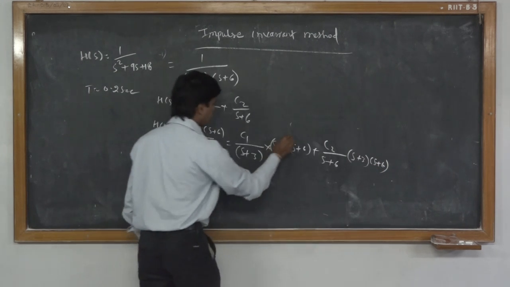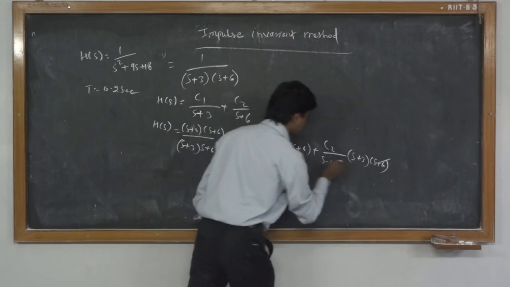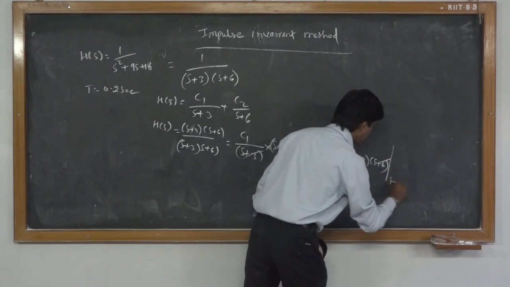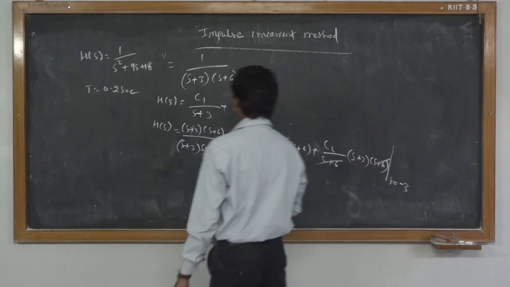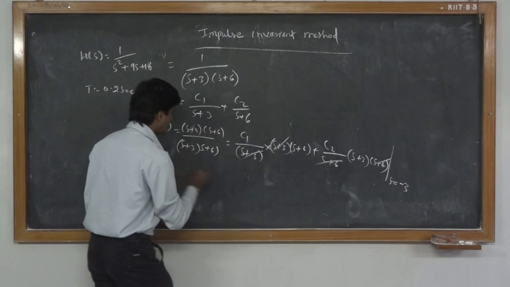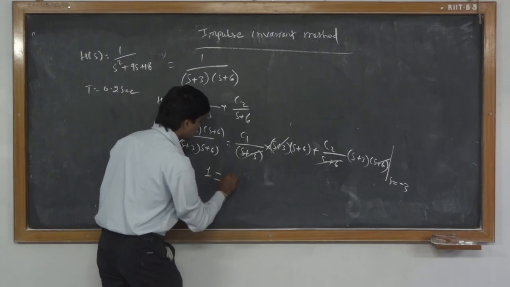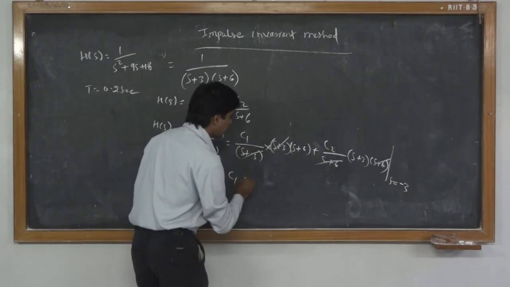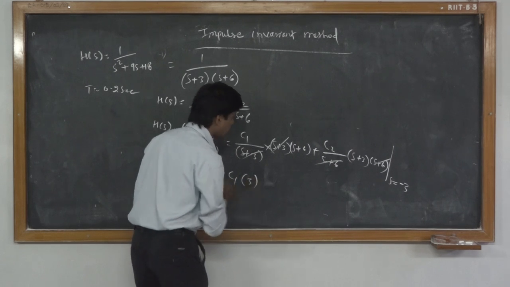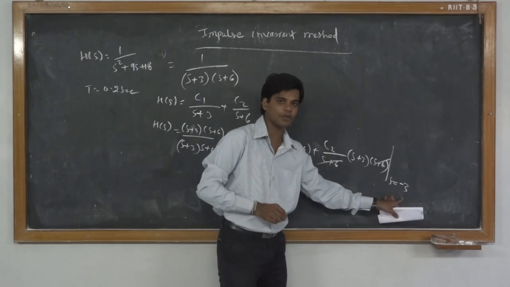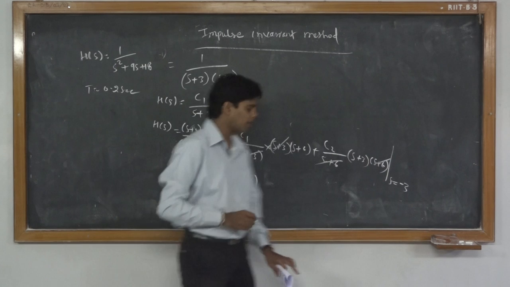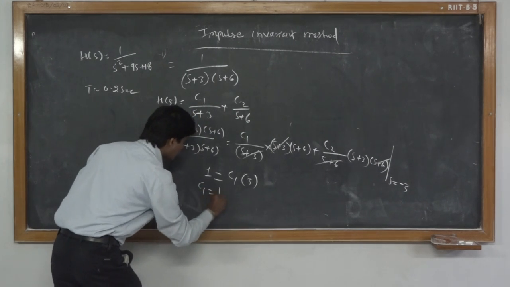So these terms are going to get cancelled out, and we set s equal to minus 3. In this case, everything gets cancelled out and we end up with c1 times the bracket, that is 3, and in this term, when you put s equal to minus 3, the c2 term becomes 0. So we get c1 as 1 by 3.